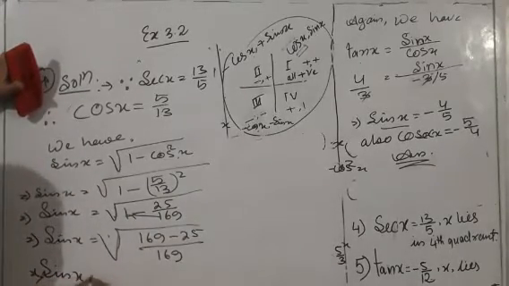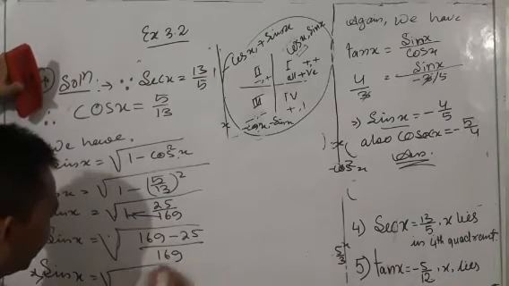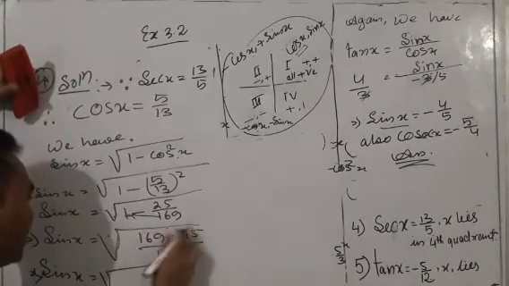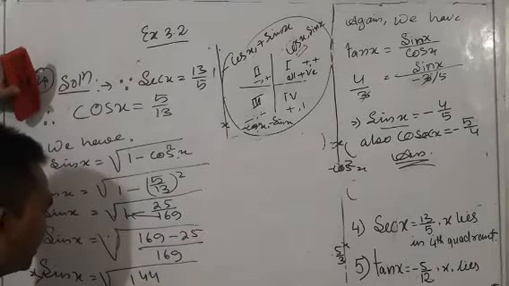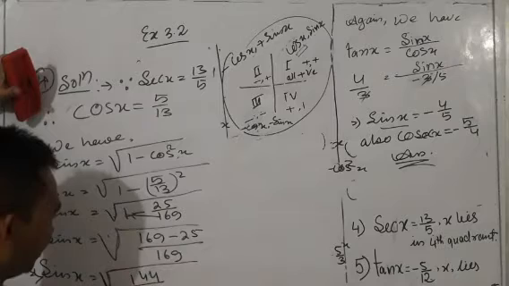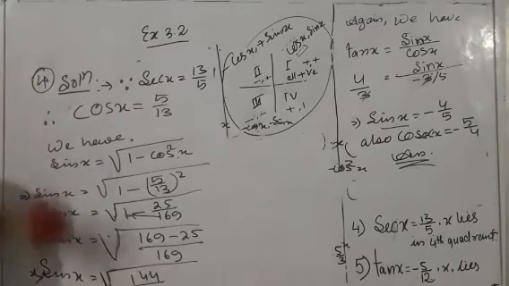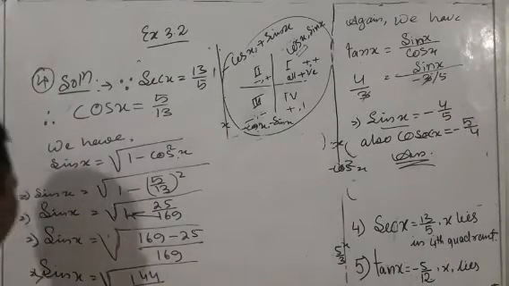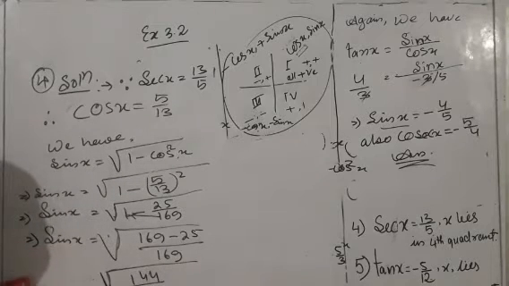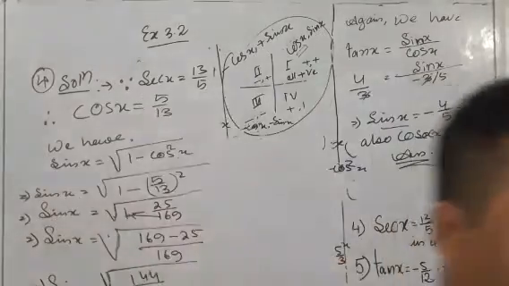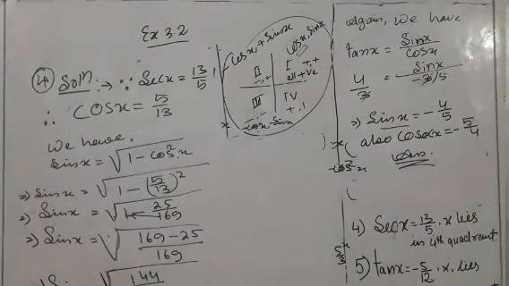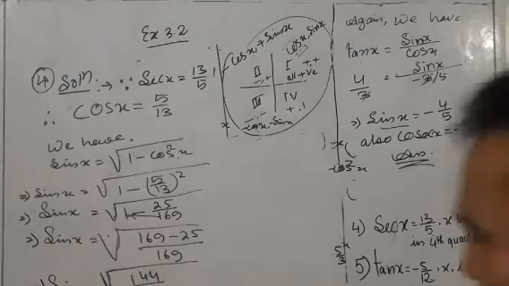Sin x equals to under root of, what is that? 169 minus 25 is 144, so 144 upon 169. What is the square root of 144 and 169?